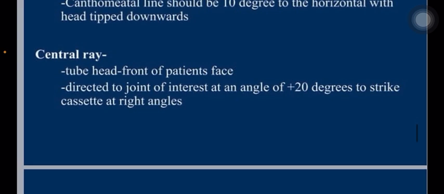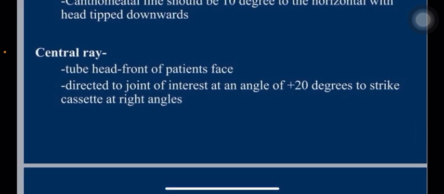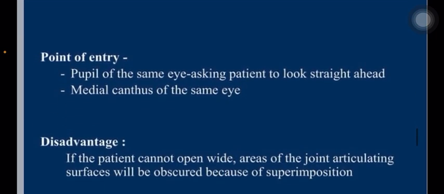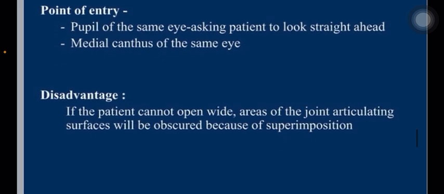The central ray, the tube head in front of the face, is directed at the joint of interest at an angle of plus 20 degrees to strike the cassette at right angles. The point of entry is from two positions: first from the pupil of the same eye, or the medial canthus of the same eye. And the patient is asked to look forward with the head straight ahead.